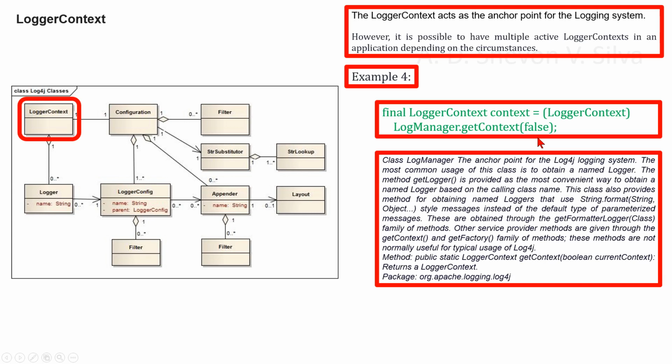For example, in a web application, if the caller is a class in WEB-INF/lib, then one LoggerContext may be returned, and if the caller is a class in the container's class path, then a different LoggerContext may be returned.